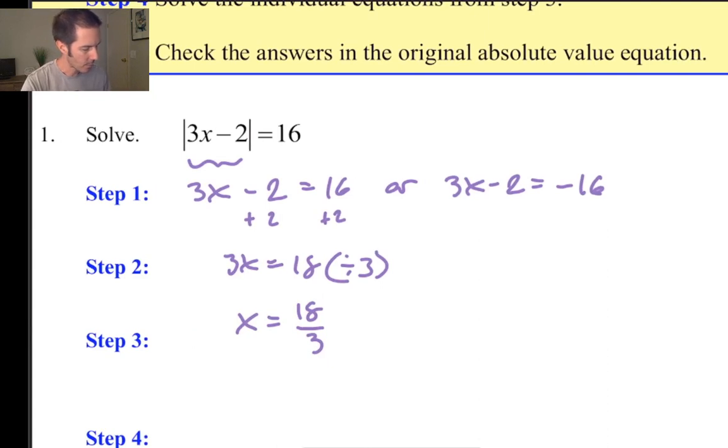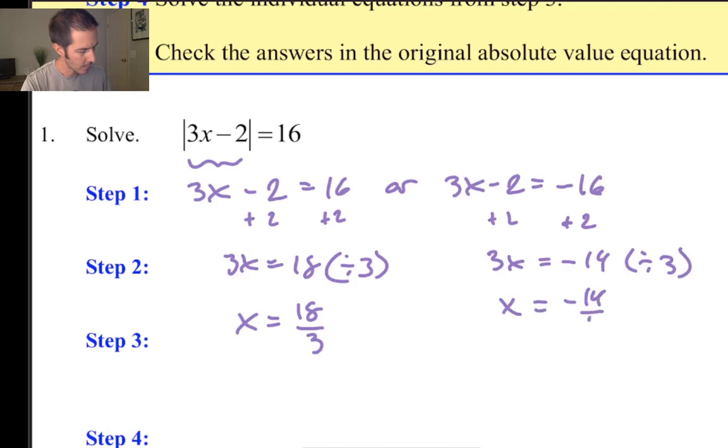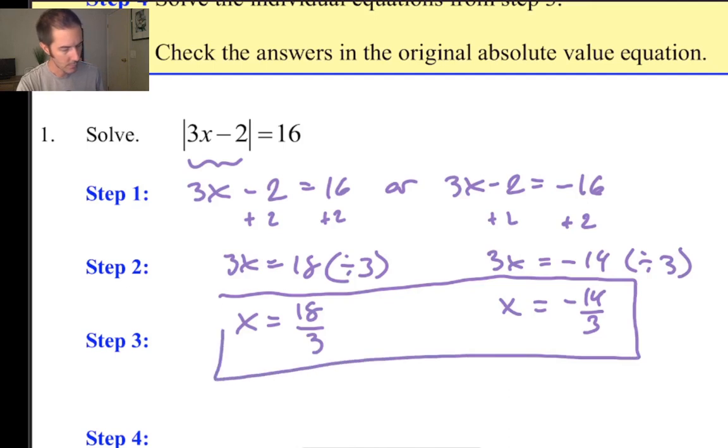And then in my other equation, I'm going to add 2 to both sides, so that 3x is equal to -14, and divide both sides by 3, so we get an x value of -14/3. And these are the two solutions to your absolute value equation.